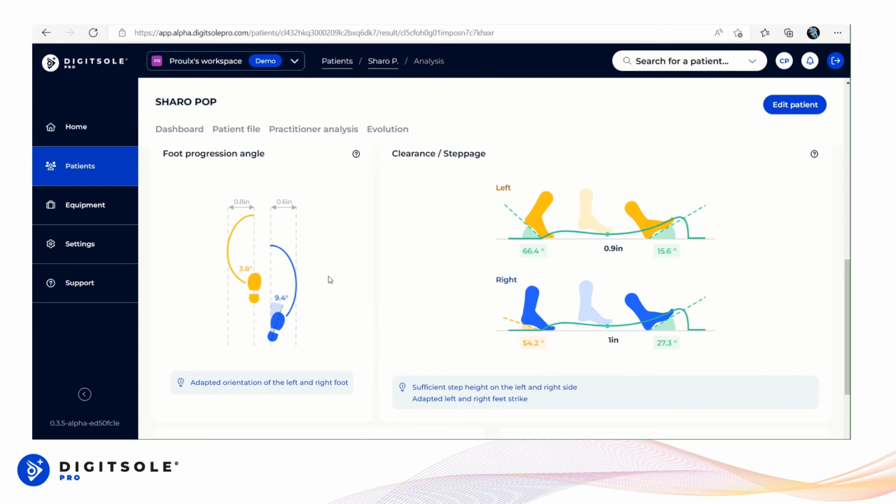So some of the things you're going to take into consideration is if they are toeing out too much or not toeing out enough. Could be as a result of lack of dorsiflexion, or an increase or decrease in knee flexion, or some things to look at in terms of that angulation, but also the circumduction.